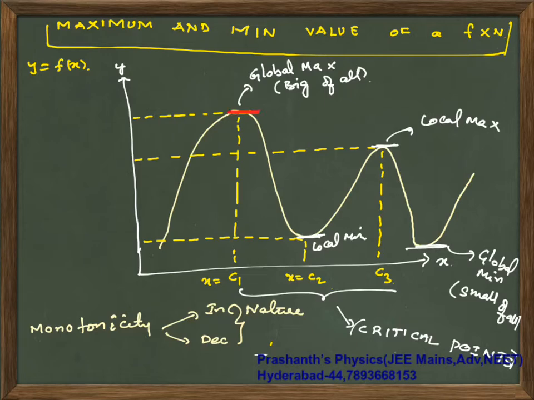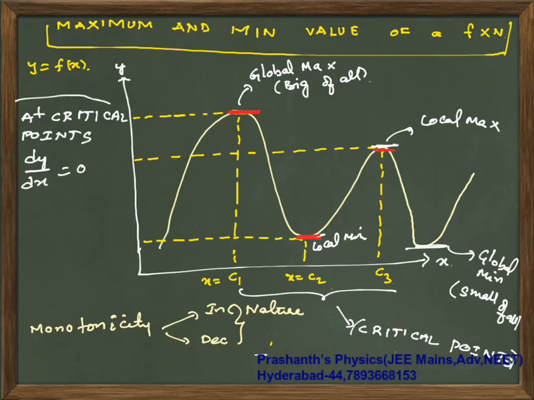So here if I draw a tangent, here if I draw a tangent, here if I draw a tangent, for all these points your tangent is parallel to the x-axis. So that means your slope dy by dx is 0 at critical points, because your line is parallel to the x-axis.